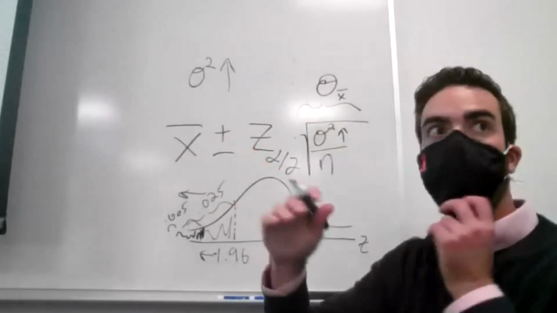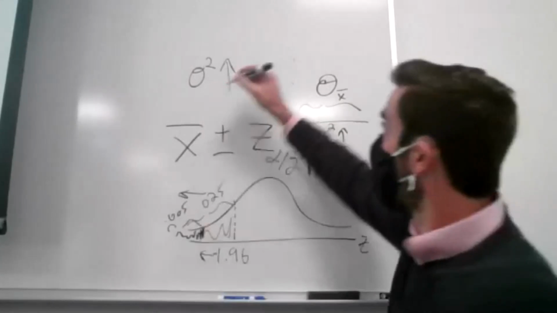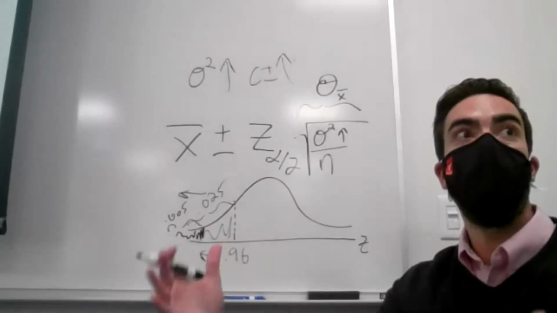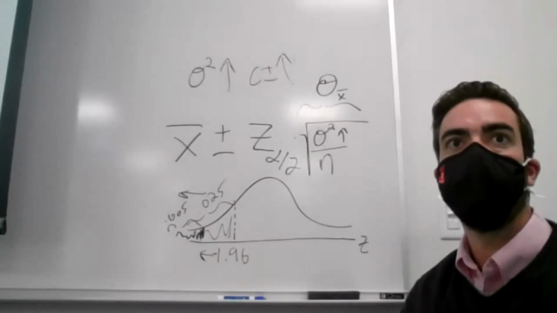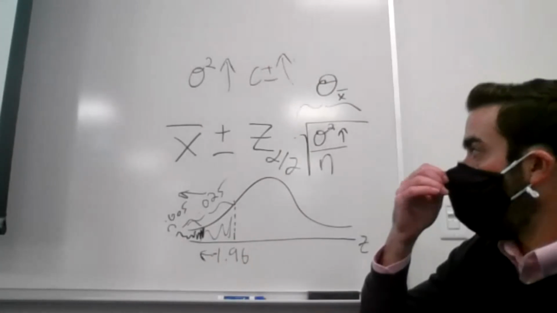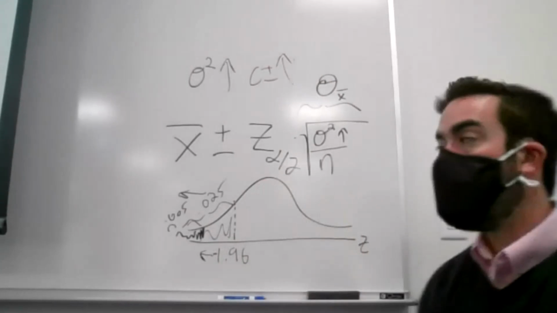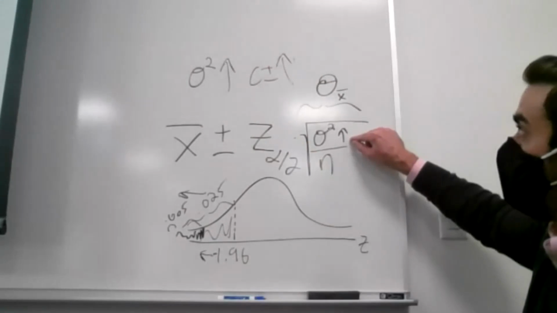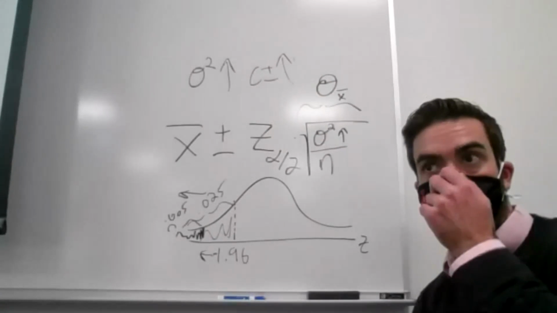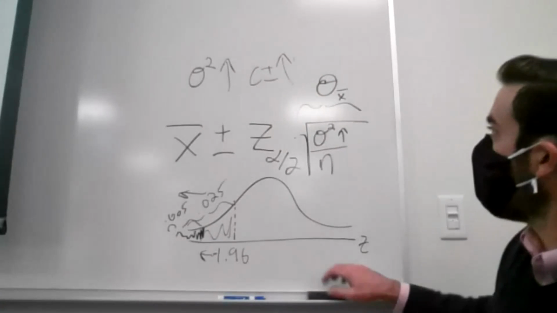Adding and subtracting a larger value to the sample mean is going to make that confidence interval get wider, or larger, however you want to say this. And that's even if we kept the level of confidence the same, right? Even if the z-score doesn't change, if the original data has a higher variance, it's going to increase the width of our confidence interval.